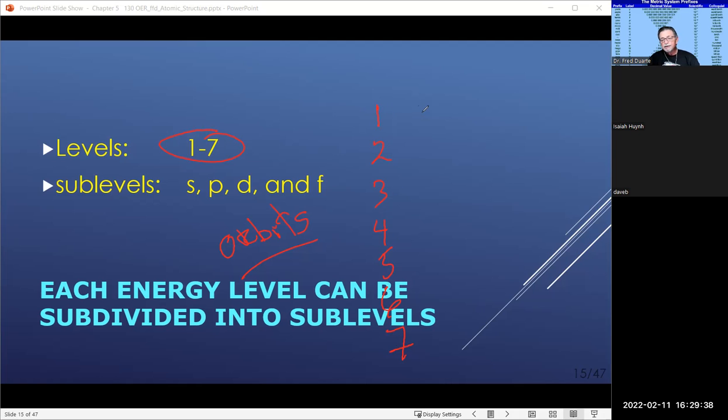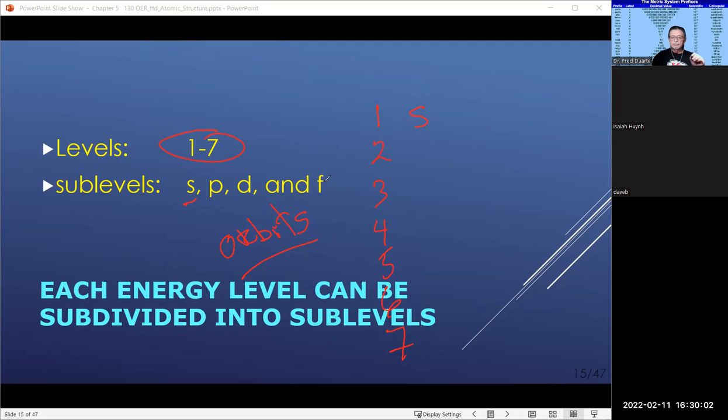The first energy level only has what is called the S, denoted by the letter S. There are 4 different types of orbitals: the S, the P, the D, and the F.